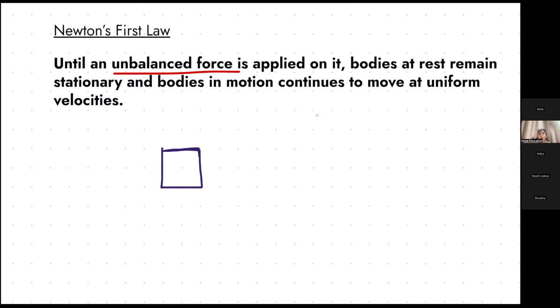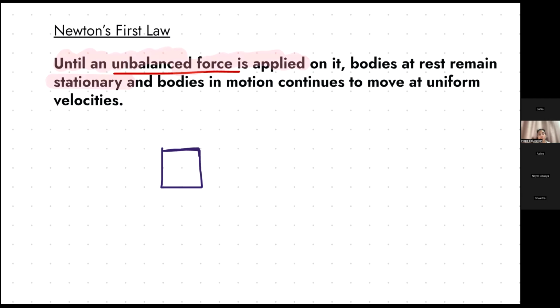The stationary object will start to move. That's what it says here, until an unbalanced force is given. That means an unbalanced force has not been given yet. Those that are stationary will stay stationary until an unbalanced force is given. If the unbalanced force is given, what happens? Then they start to move. But until an unbalanced force is given, objects at rest will remain stationary.